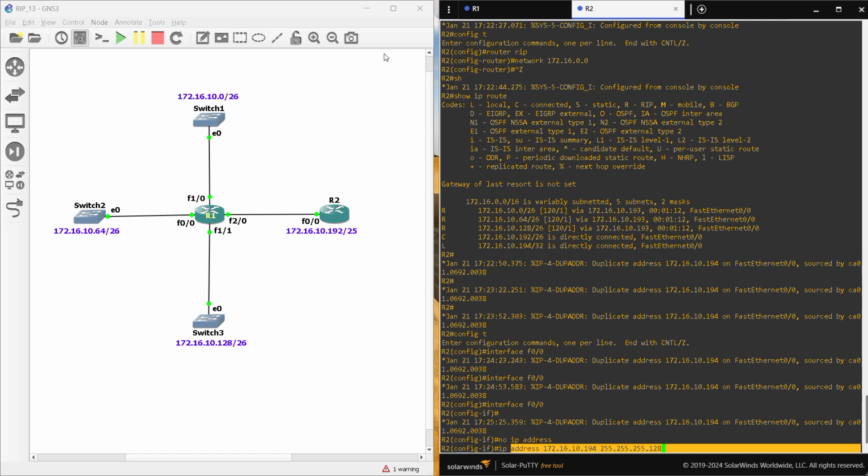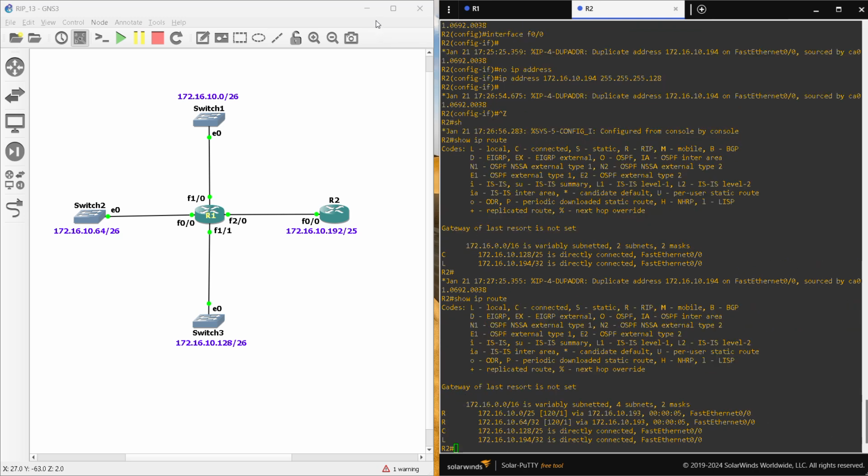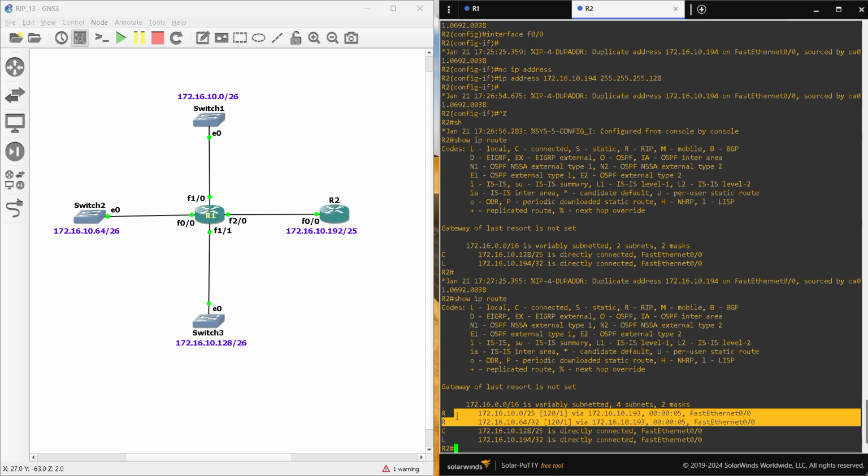So now if you look at the routing table of R2, you can see it is learning only two networks via RIP, because R1 is sending three networks, 10.0, 10.64 and 10.128.